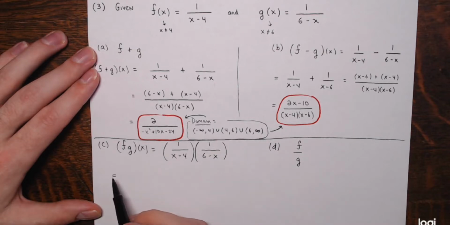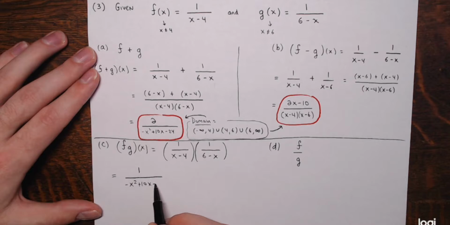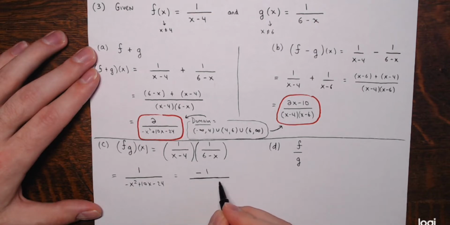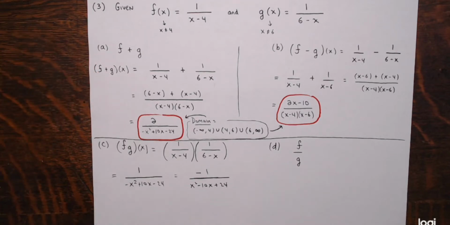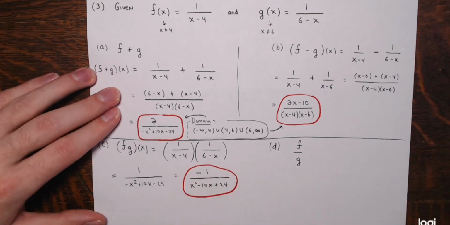The numerator is just 1, and the denominator is that product, negative x squared plus 10x minus 24, or if you want to put the negative up top, multiply the numerator and denominator by negative 1. It'd be negative 1 over x squared minus 10x plus 24. But still, that is a simple fraction. There's no common factor in the numerator and denominator.